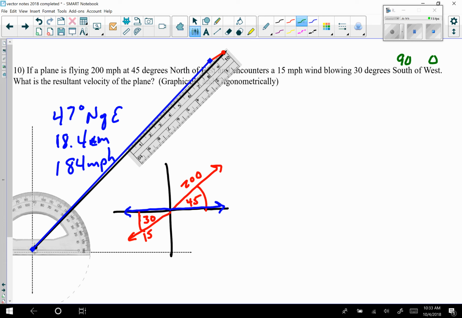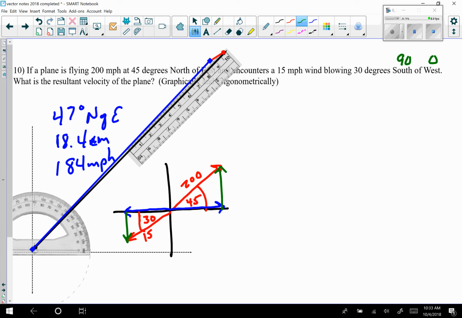Well, I could also say that the plane is going to the north this much in regards to the green line, and the wind is blowing to the south this much. Well, my whole mentality here is this. If I add up all the blue lines, it's going to tell me how much the plane is actually going to end up going. What's the resultant? If I add up all the green lines, it's going to tell me how much the plane's going to end up going in the north and south direction.